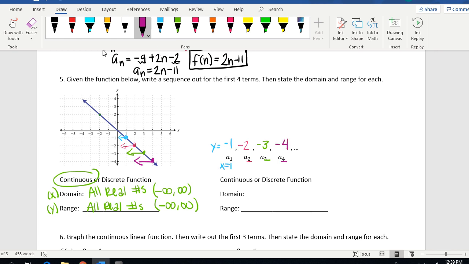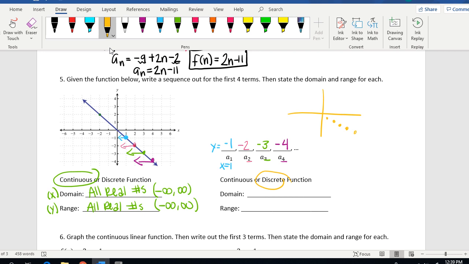If this is a sequence, this is discrete. I would literally have this same graph, and I would have just coordinate points here. I would not connect a sequence. So this is the difference. Continuous, discrete. My domain and range are also different. I'm not looking for every single x value in between these coordinate points.